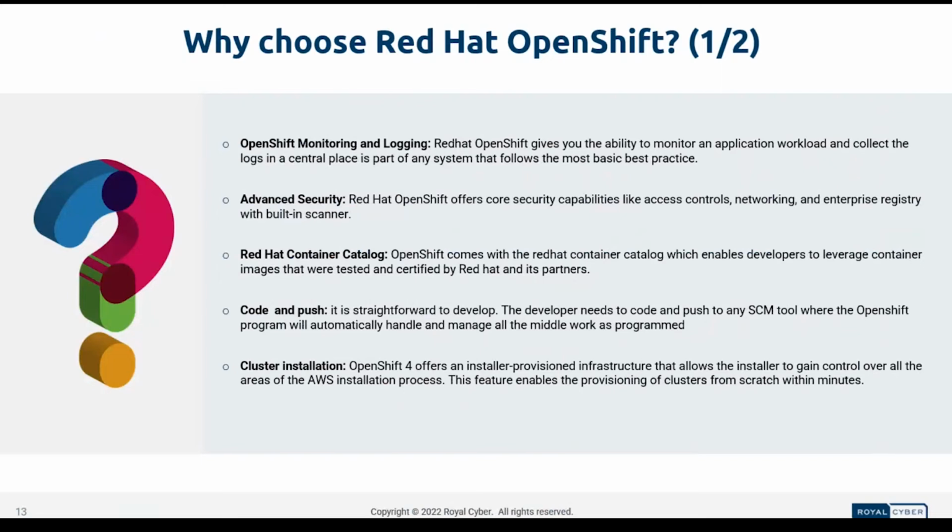Also, it's straightforward to develop your applications by only pushing your code to SCM, and OpenShift will take care of building and deploying your images to OpenShift. OpenShift 4 comes with an easy way to deploy OpenShift, the IBI deployment method. It means that you only need to allow the installer to interact with your underlying infrastructure and provision all needed resources to deploy OpenShift.